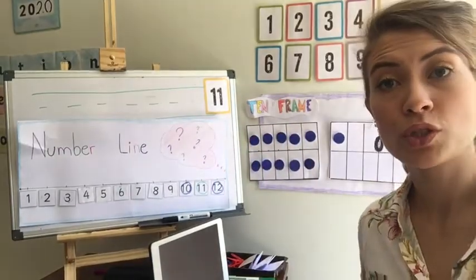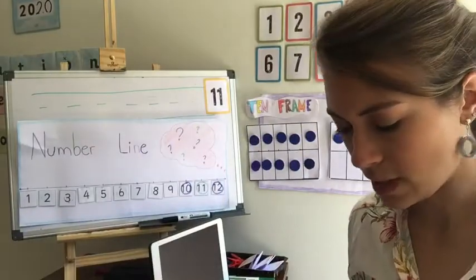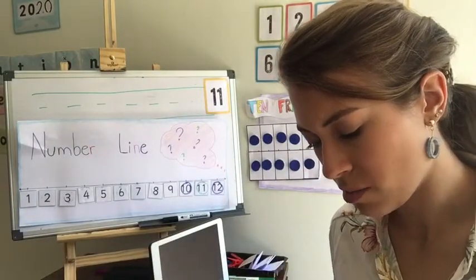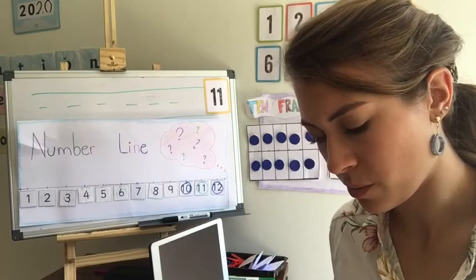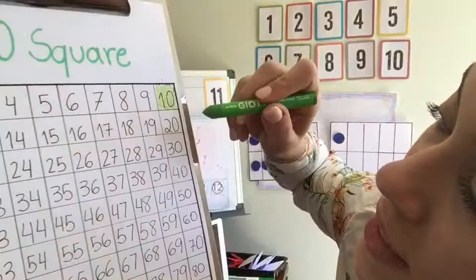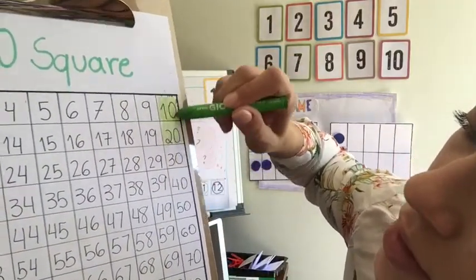And I'm going to color the first number here, 10. I know this number ends with a 0. I know 20 as well ends with 0.